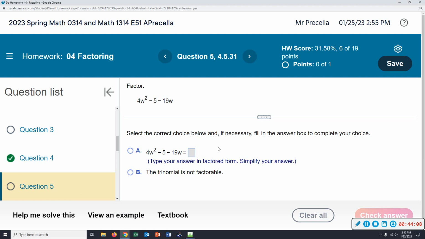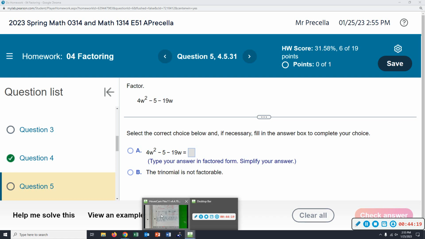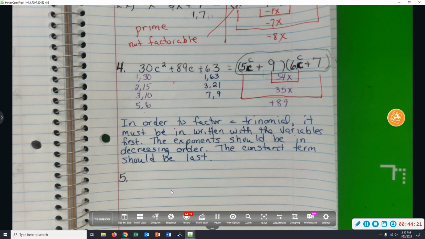Up to this one, number 5. Can you go back real quick? You need it written in what's called standard form. And standard form has the variables written with the exponents in decreasing order. x squared, then x.